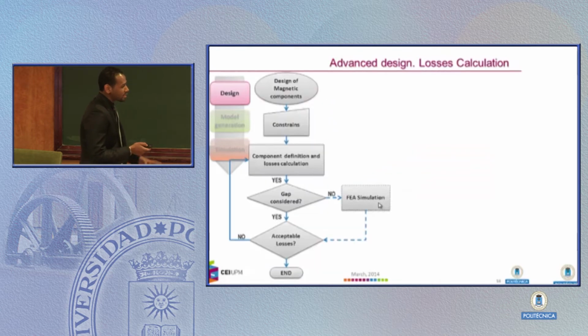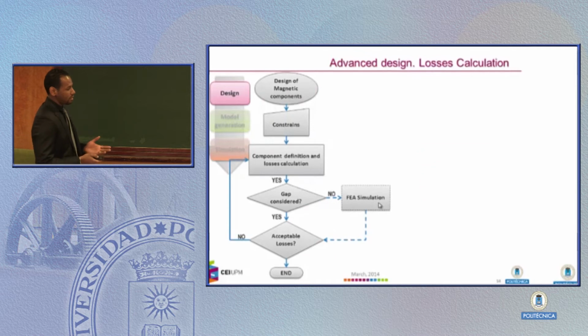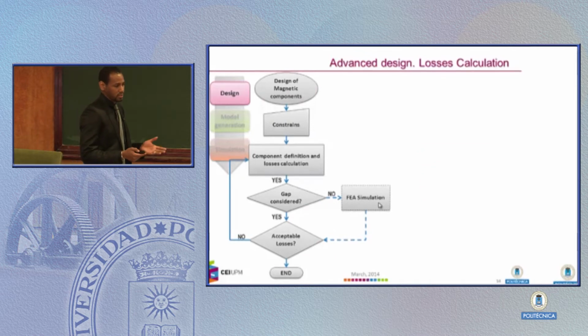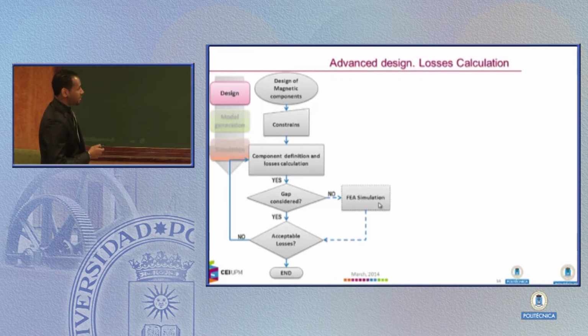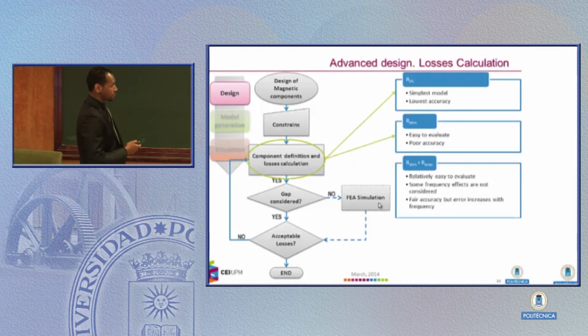In an automated design of magnetic components oriented, for example, to losses optimization, which could be the case of any design in PSPR, after the component is defined based on the application and the specifications, the winding loss is calculated in that specific configuration according to one of these methods, typically.